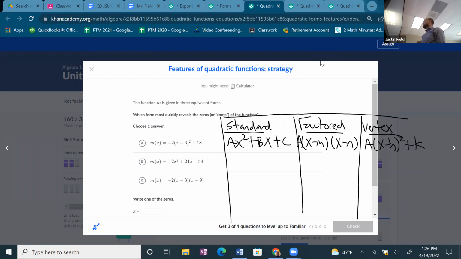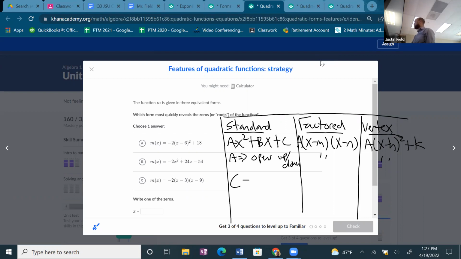All right, in all of these forms, we can see if it opens up or down. We just look at the a value, right? So a implies opens up or down. And I'm just going to put little marks that mean repeat. So that's one thing we can see in all the forms.